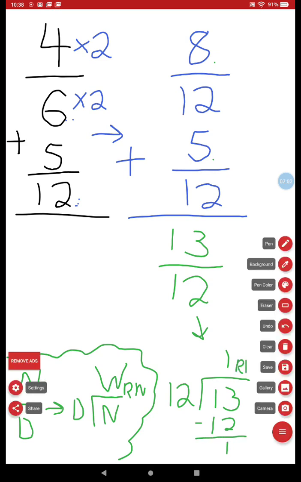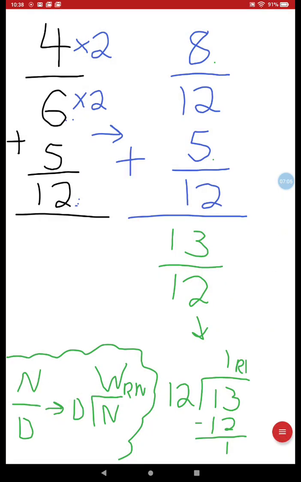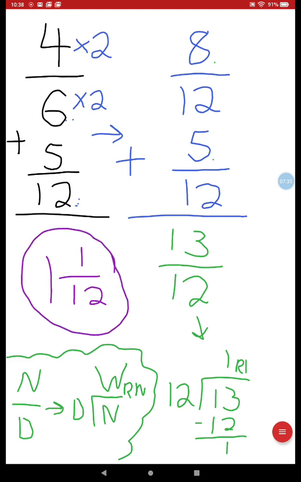I'm going to change colors and we're going to write our answer. Okay, what's my whole number? 1. Fraction bar. What's my new numerator? 1. What's my denominator? Still 12. 1 and 1/12. Now, do I have to simplify this? No, I don't have to simplify this because 1 is a prime number. It can't be divided. So I get 1 and 1/12 is my answer.